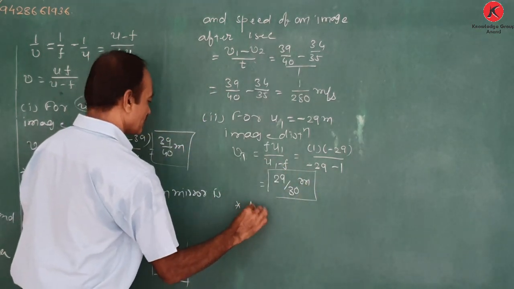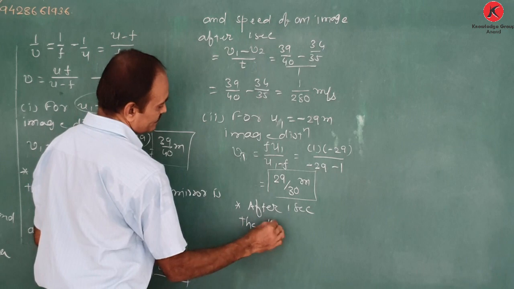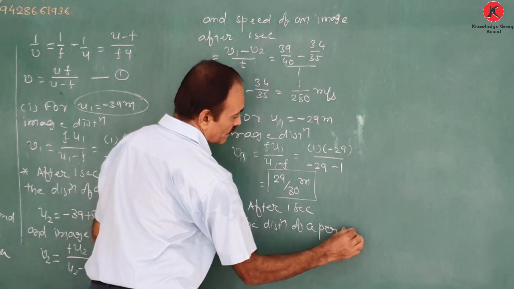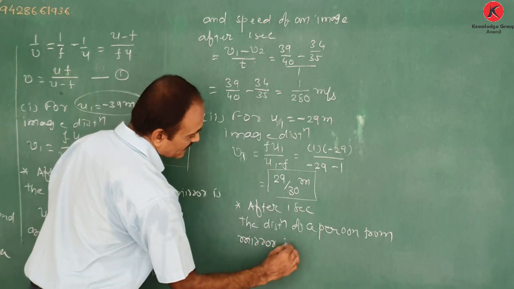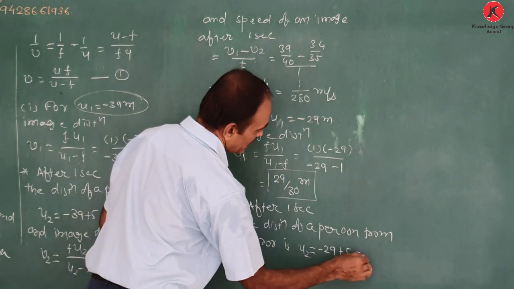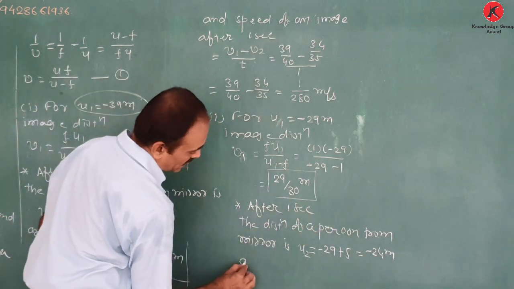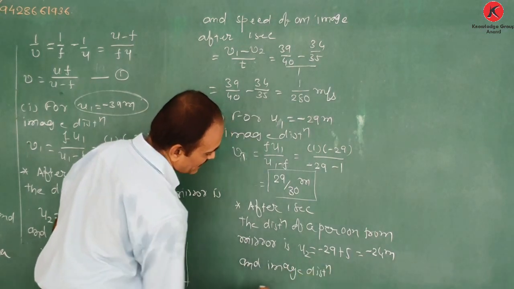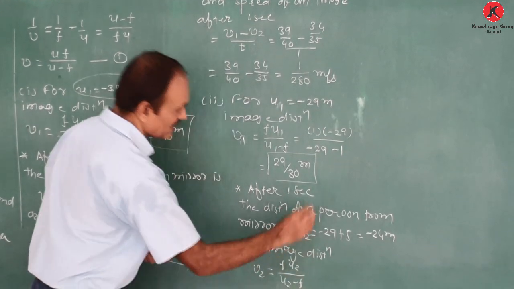After 1 second, the distance of the person from the mirror, that is u2, is equal to minus 29 plus 5, which is minus 24 meters. The image distance corresponding to this object distance, v2, is equal to f u2 upon u2 minus f.